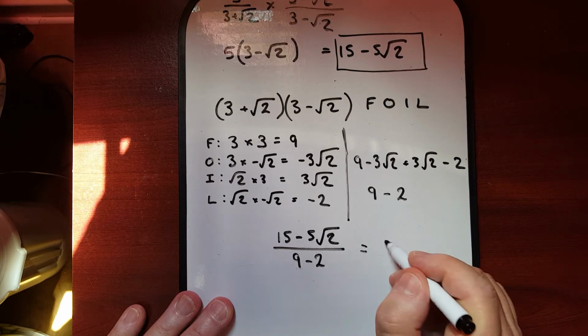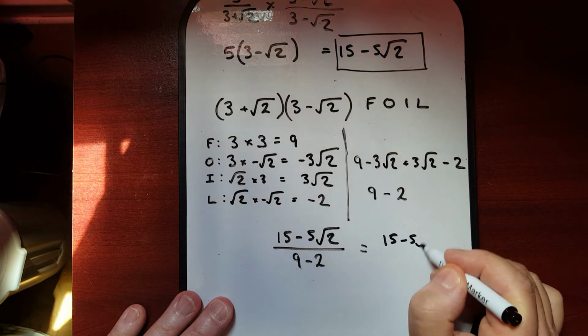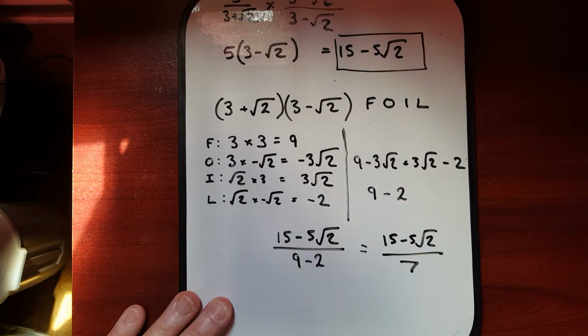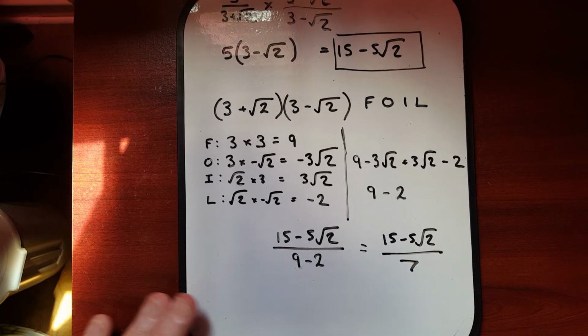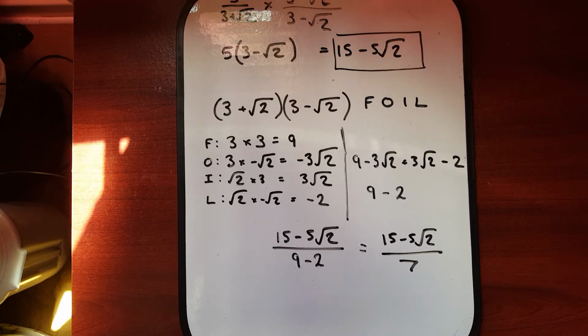Obviously we can simplify that a tiny bit more simply by doing this. Okay, 9 minus 2 is 7. We've ended up now with a rational number on the bottom of our fraction. So we've rationalised it and we've also sorted out the entire calculation. Okay, that's it. That's it completely.